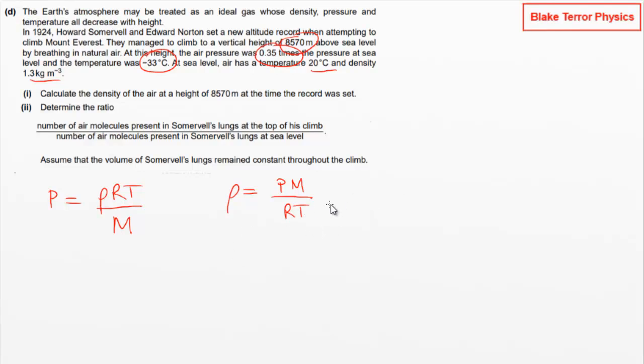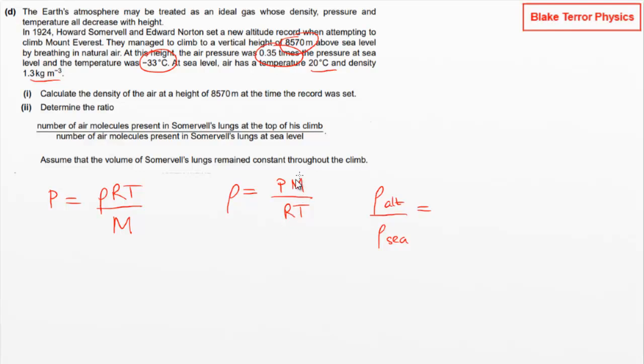So if we do a ratio of these things, we want to get the altitude one. So rho at altitude divided by rho at sea level is going to be, well, the M's and the R's are going to cancel because they're going to be constant.